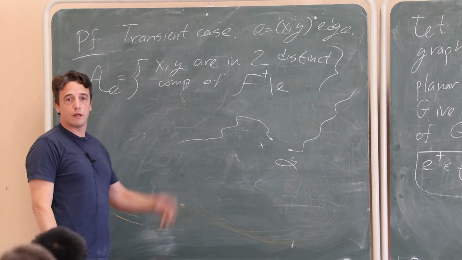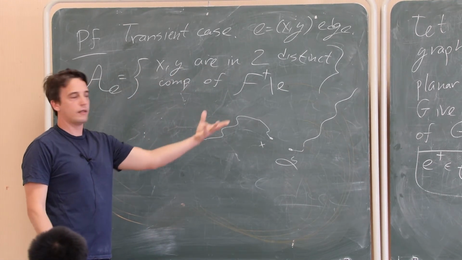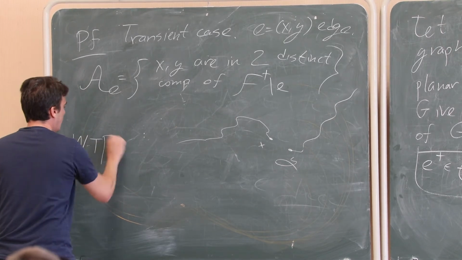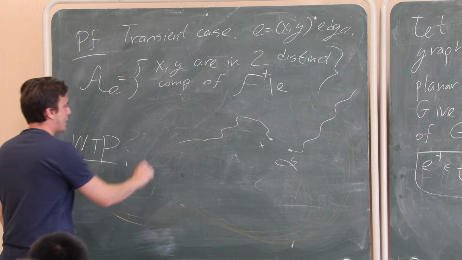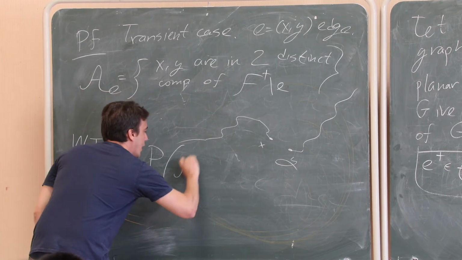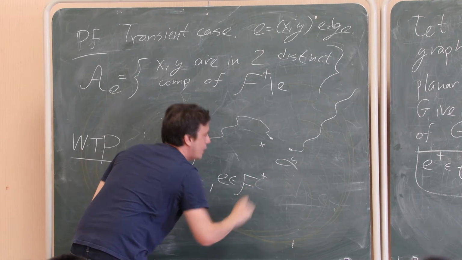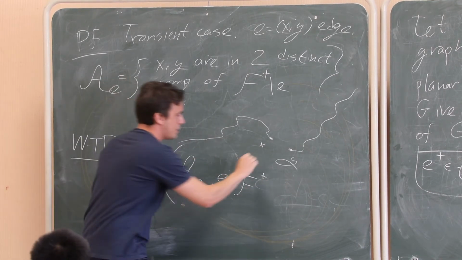I want to show that each component is one-ended with probability 1, so what I want to prove, WTP, is that the probability of A_E and E is in the wired uniform spanning forest is 0.